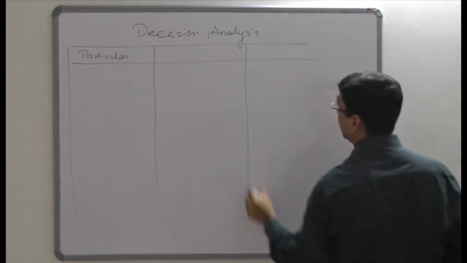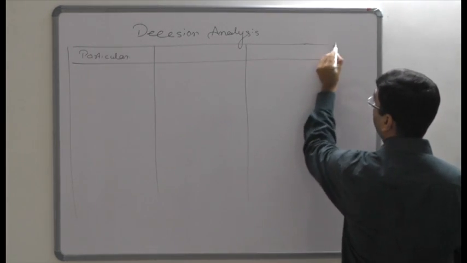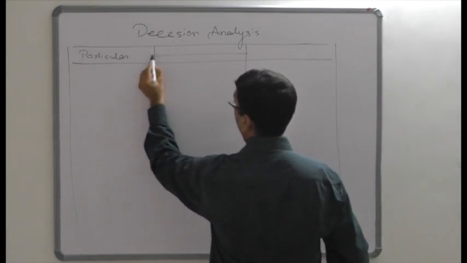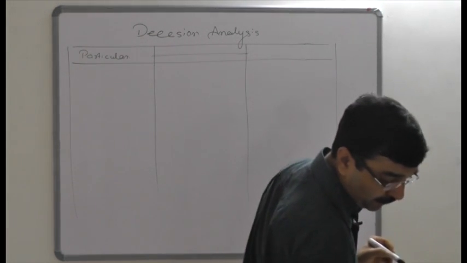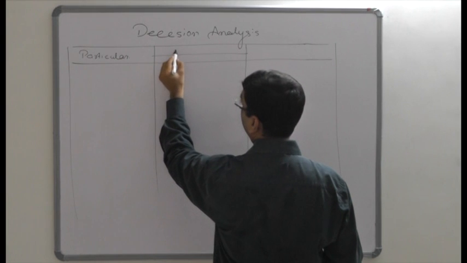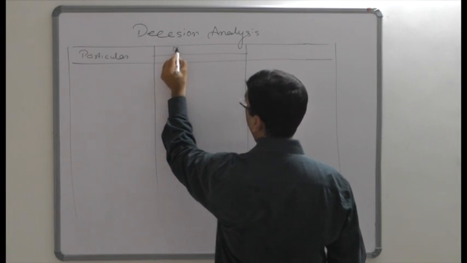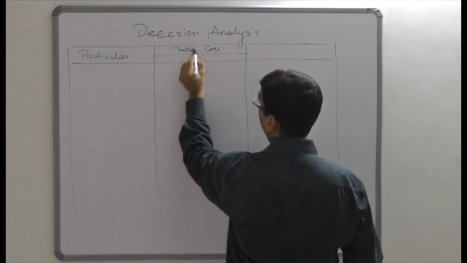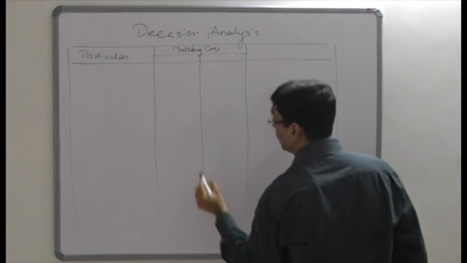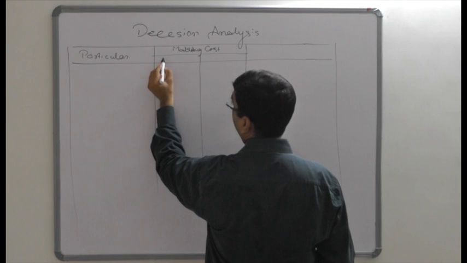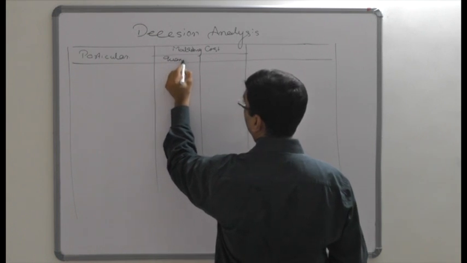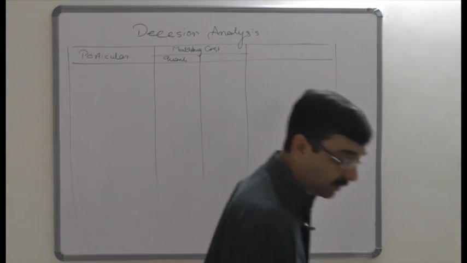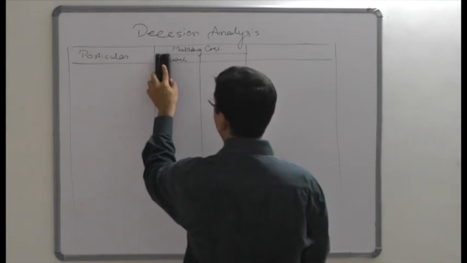Then two partitions. One is maybe the company is going to manufacture that product, the making cost, and making cost in two parts. One is quantity. Quantity is already mentioned, so no need to write the quantity here.